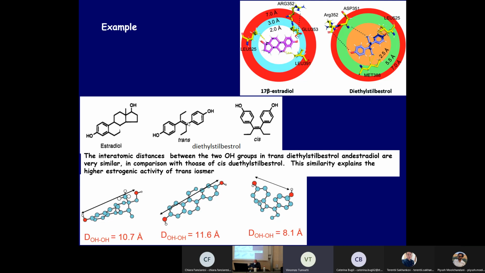We have a double bond here, and then two phenolic groups mounted on the double bond. So in this case, we have the two isomers: cis, when the two aromatic groups, the two phenolic groups, are on the same part, and trans when they are in the opposite position.